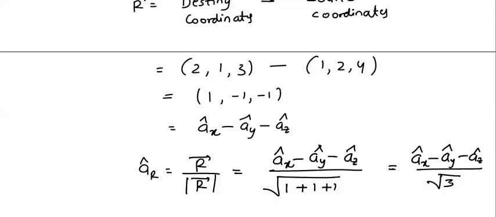This is how we can calculate the ar vector. Every time, these two are very important. You must know how to calculate the value of R. The R value is found by subtracting the source coordinates from the destination coordinates. Just subtract them, and you will get the coordinates of the R vector.